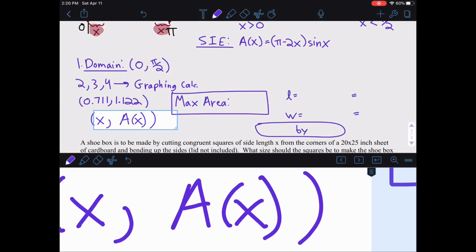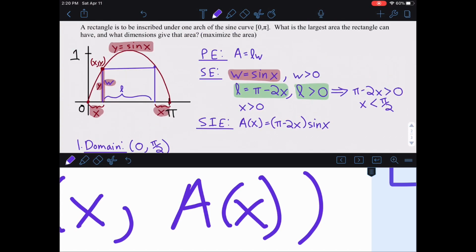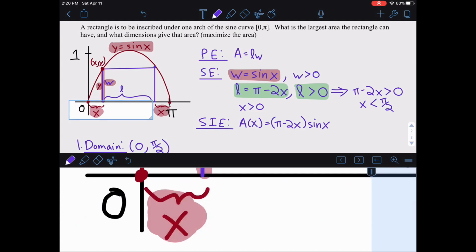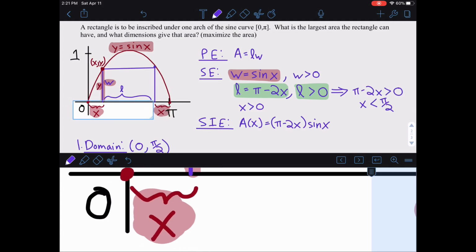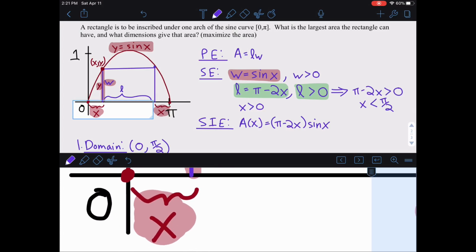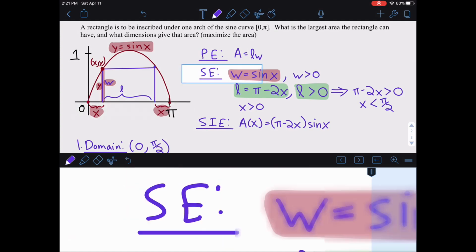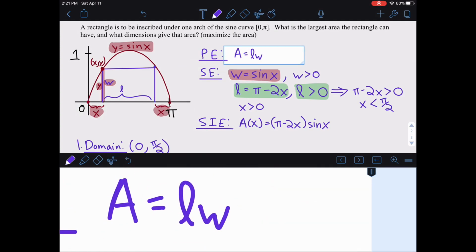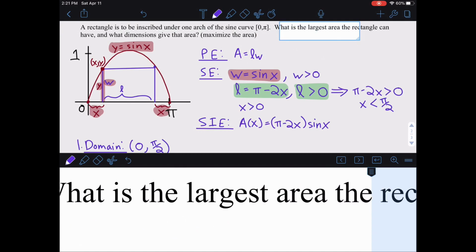And so what do each of these things mean? This is super important here. When you are setting up your work, you have to have a full grasp of what every variable represents, okay? X is going to be this distance right here from 0 to the start of my rectangle. A is going to be the maximum area. And hey, what were we trying to find?